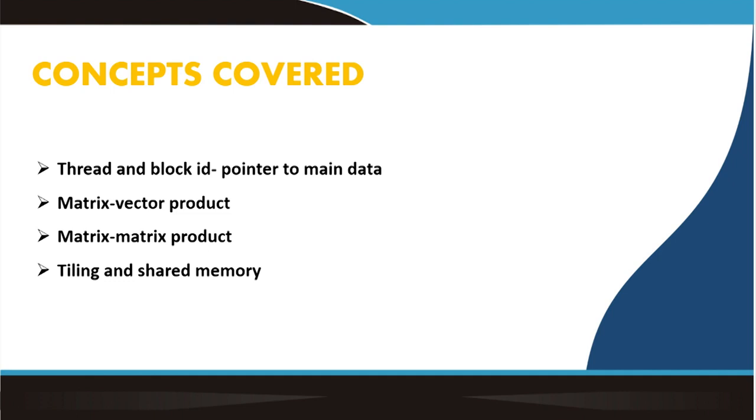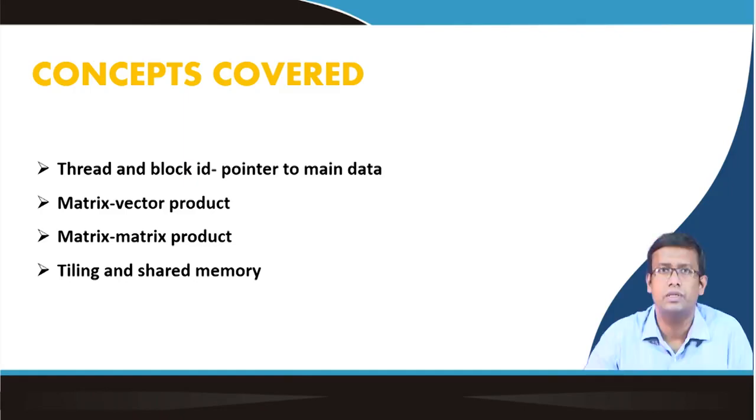Essentially the same instructions will be run over different locations of the data, and we'll see how thread and block ID can be utilized for that. We'll see examples on matrix vector product.